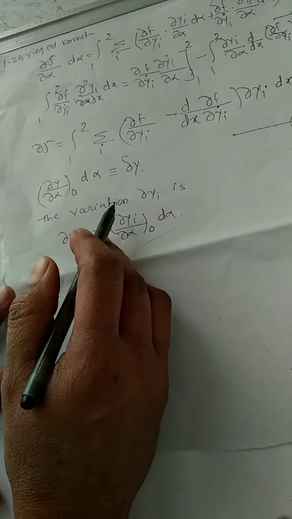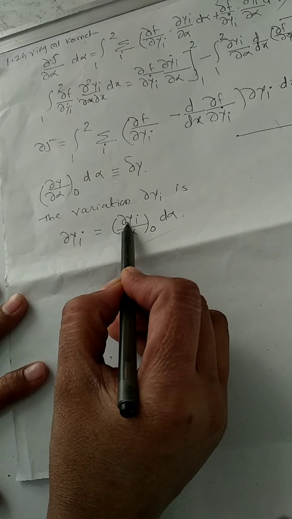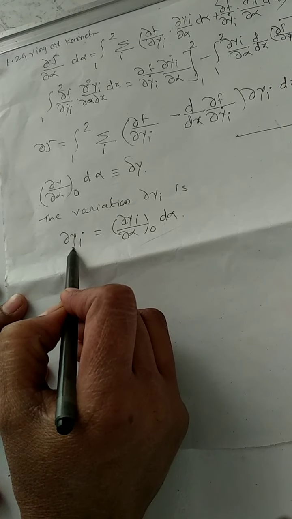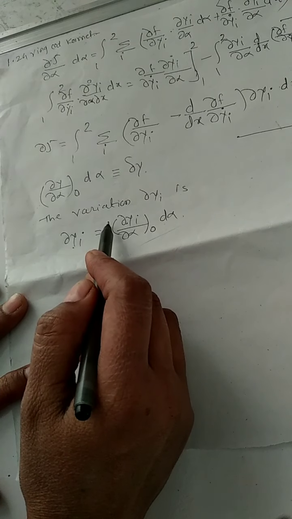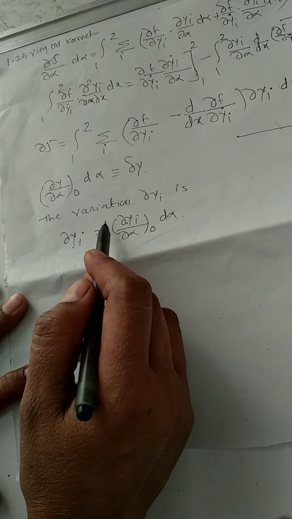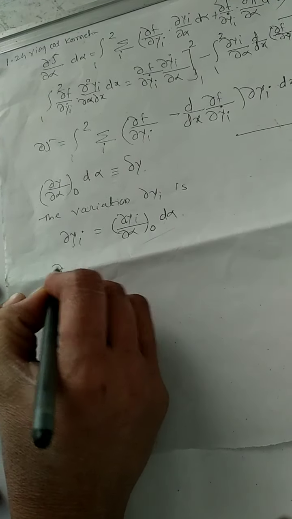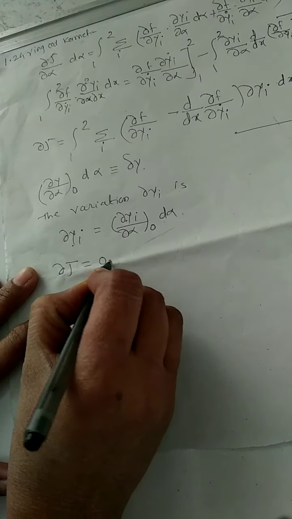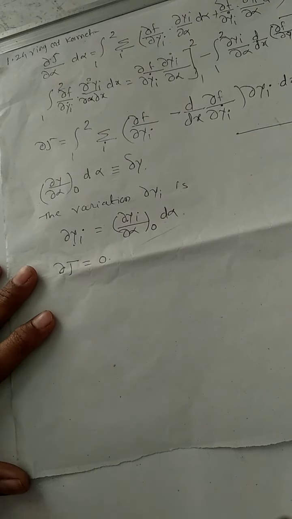Since the y's are independent variables, the variations del y are independent of each other. Hence, by the obvious extension of the fundamental lemma, the condition del J is 0 requires that the coefficients of the del y separately vanish.